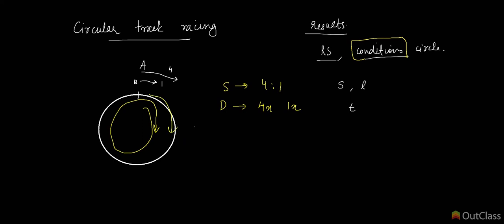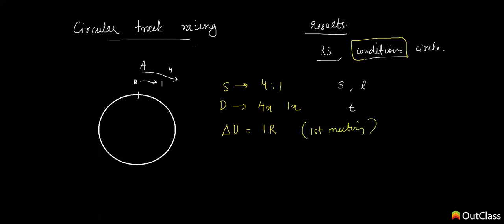So notice that A has run exactly one round more than B. It's going to be a little further, but notice that A has run one round more than B, and that's basically your condition. The difference in the distance is one round: that is the condition for the first meeting.